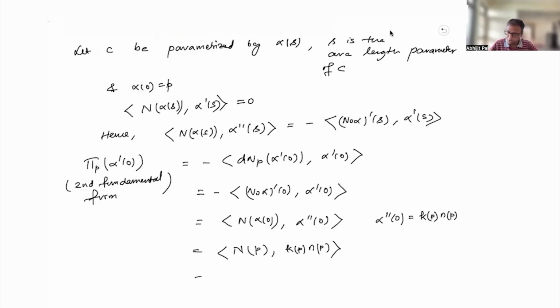So this is equal to K suffix np. So this is the normal curvature Kn I am getting.